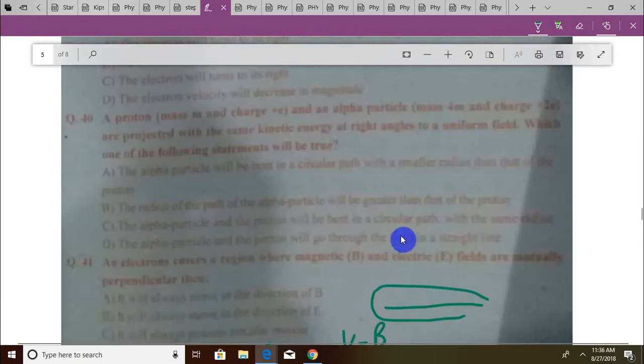So a proton has mass m and charge e, and we have an alpha particle with mass 4m and charge 2e. They are projected with the same kinetic energy at right angles. Which of the following statements will be true?